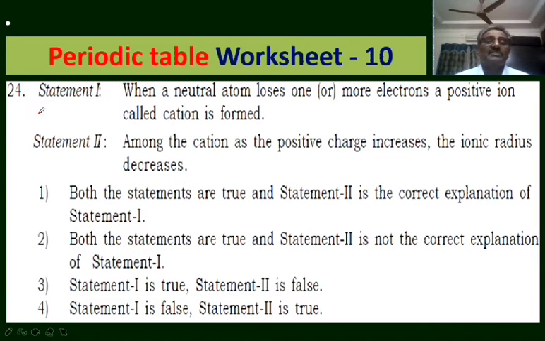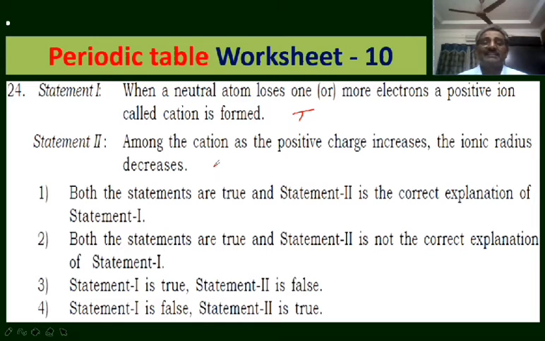Next, 24th question is also a statement type question. When a neutral atom loses one or more electrons, a positive ion called cation is formed. This is true. Among the cations, as the positive charge increases, ionic radius decreases. As the positive charge increases, the effect of nucleus on the electron increases.